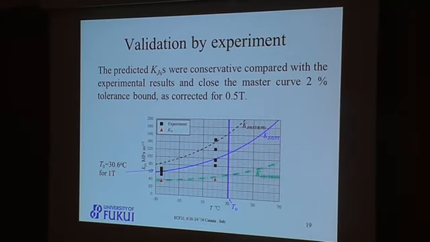Though there might be an opinion that 2% tolerance bound values are still not the lower bound values in a strict sense, it seems that the predicted KJSs give a good estimate of the lower bound KJC in a practical sense. Thus, we concluded that the proposed framework has a possibility to transfer the lower bound JC between different temperatures in an engineering sense.